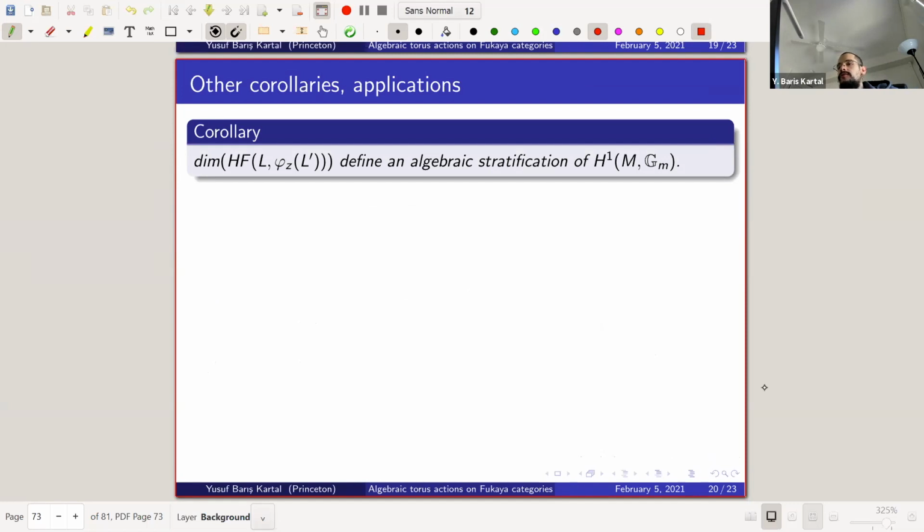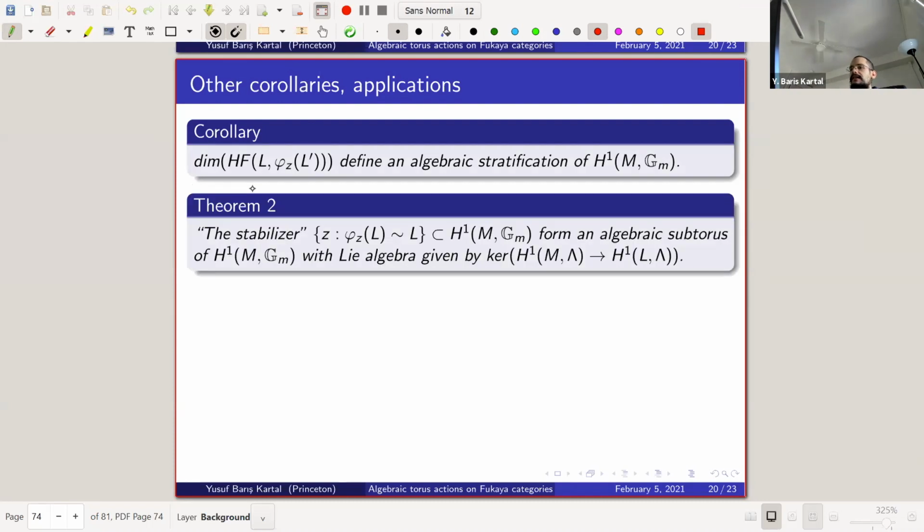You can consider the ranks of these Floer homology groups, and it defines an algebraic stratification of this torus. In other words, you have a large Zariski open subset where this dimension is minimal, and a smaller locally closed subset that's on the boundary of this open subset, and of the second minimal rank locus, and you can go on.